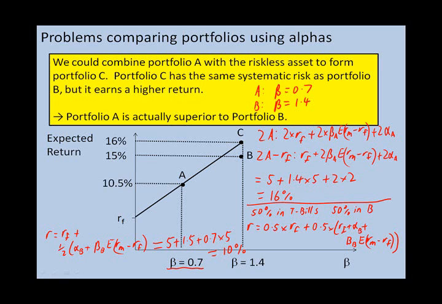But Portfolio A earns 10.5%. So we can see again that Portfolio A is superior to Portfolio B. That's the problem with using Jensen's alpha. Jensen's alpha would have been misleading in this case.